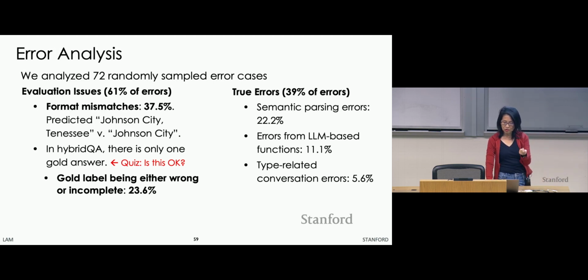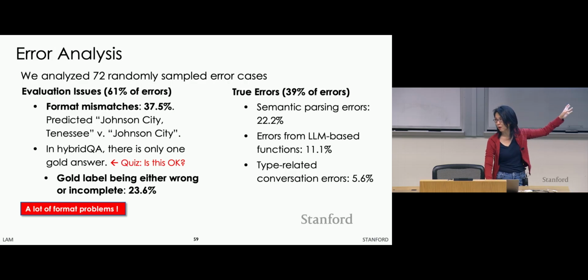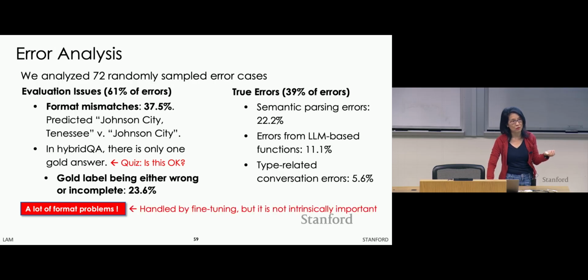We're now down to this. One thing that is very common is that there are a lot of format problems. But how did the fine-tuned people get it higher? The fine-tuned people are also faced with these issues, but they did get 10% better than us. What is it? After you fine-tune with 62,000 examples, you learn the format.